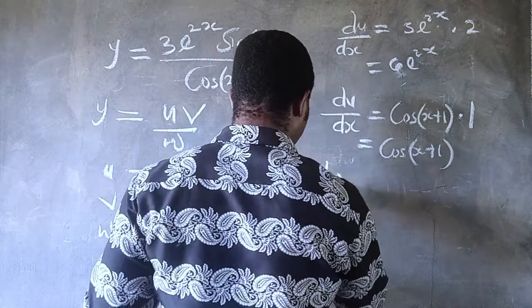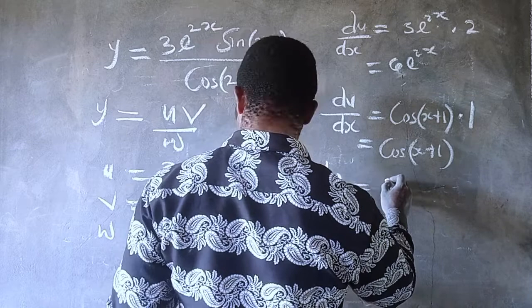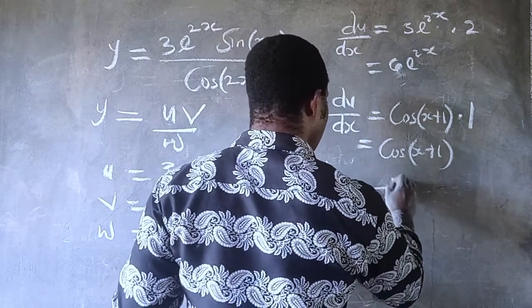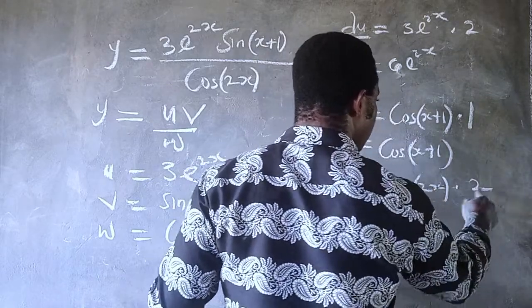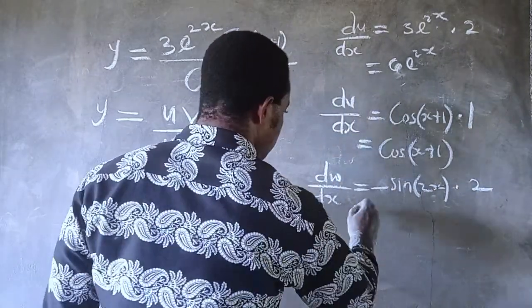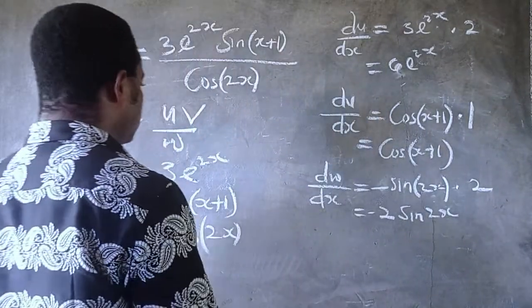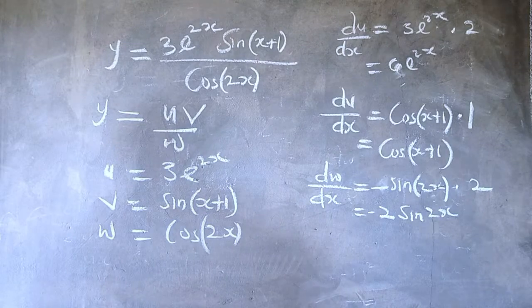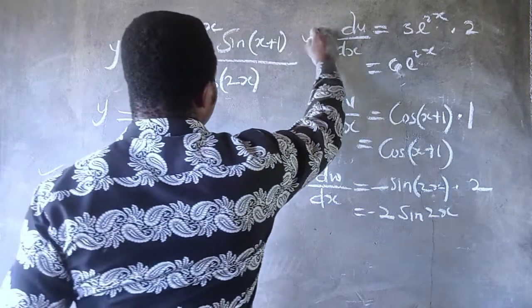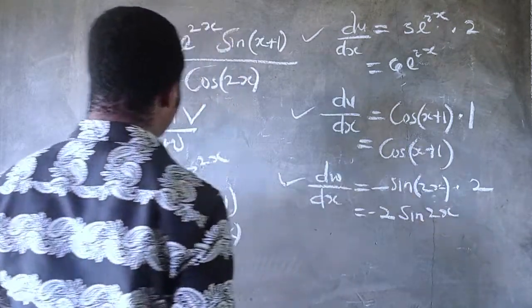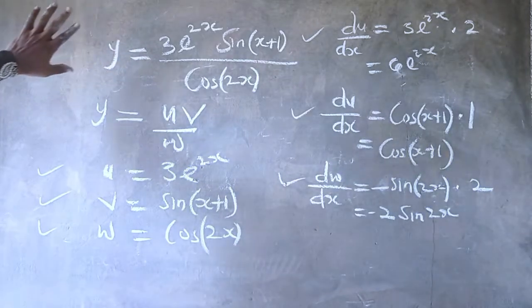And the derivative of w with respect to x is going to be negative sine 2x, multiplied by the derivative of 2x, which is 2. There will be a dedicated video on this channel to clarify the chain rule better. There would also be a dedicated video for the product rule as well.